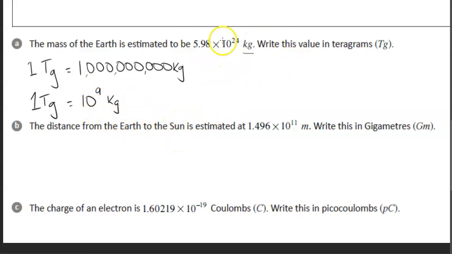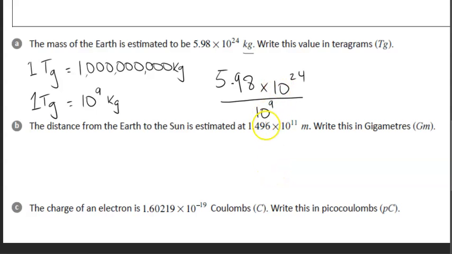So we need to write this in teragrams, and if we know there are 10 to the power of 9 kilograms in 1 teragram, we need to find how many lots of 10 to the power of 9 go into this here. So in other words, we're going to take 5.98 times 10 to the power of 24 and divide this, or split this up, into 10 to the power of 9.